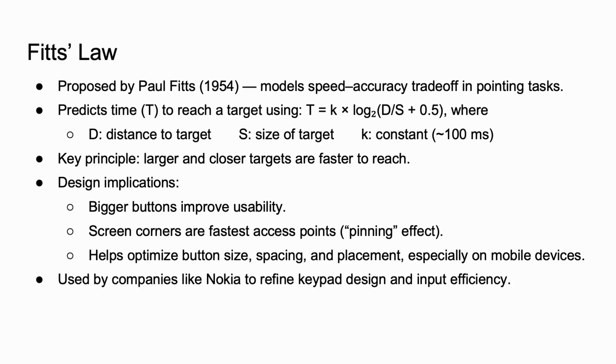The formula helps designers make evidence-based decisions about layout, such as how large to make buttons or how close together to place them. Interestingly, screen corners are the easiest to access because the cursor naturally pins against the screen edges.